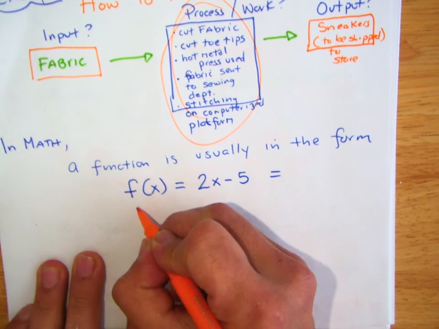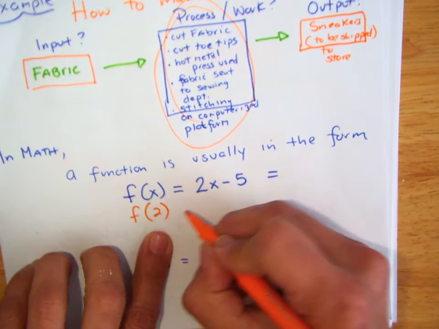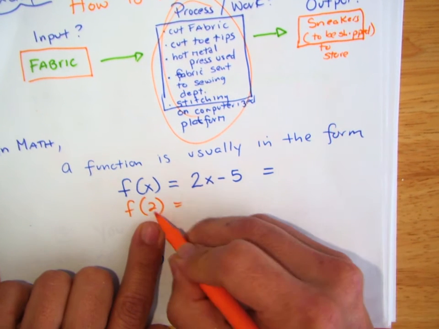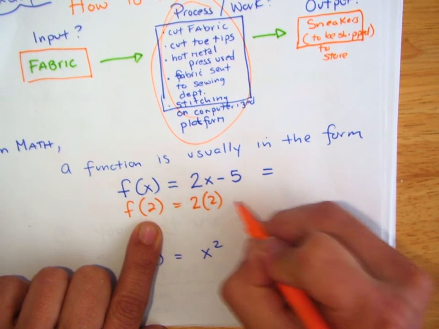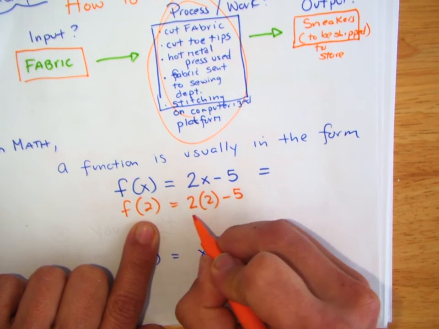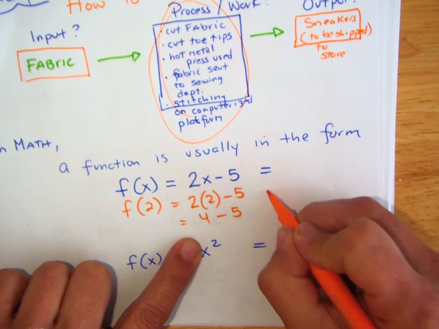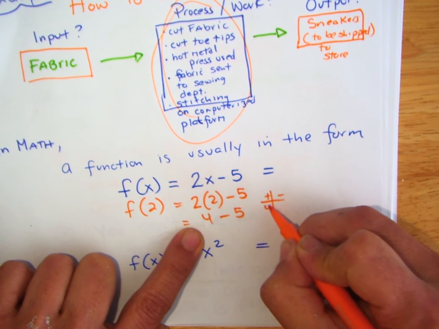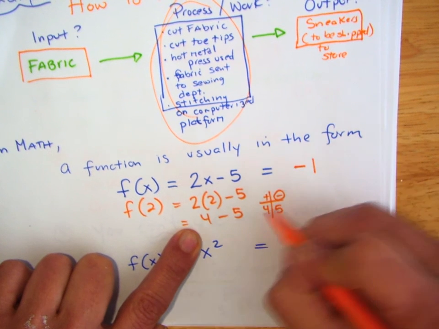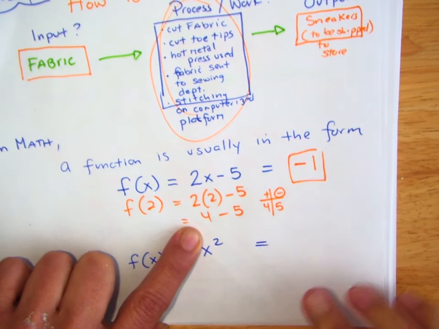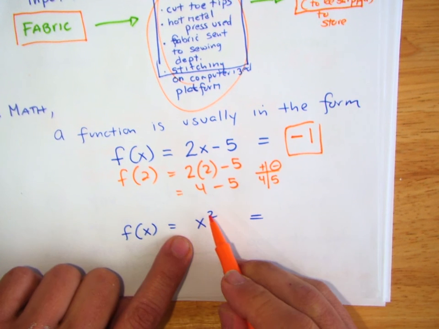If I put f of 2, remember this is the fabric, so you're going to do 2 times the fabric minus 5. So 2 times 2 is 4, minus 5. If I do the t-chart, I got 4 minus 5, and my output is negative 1. Bam. Another function is x squared.